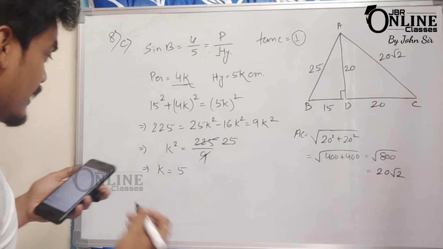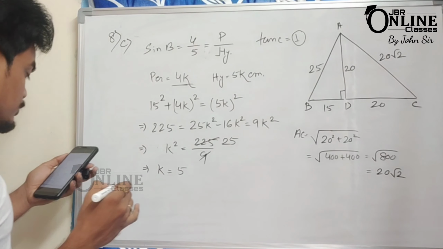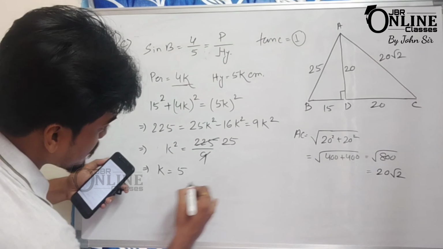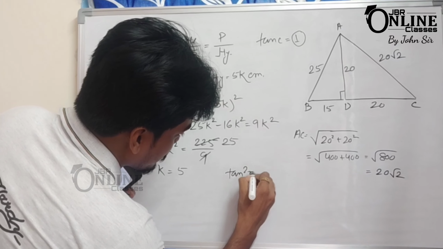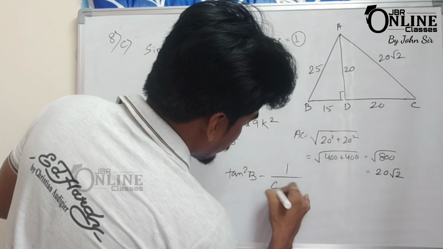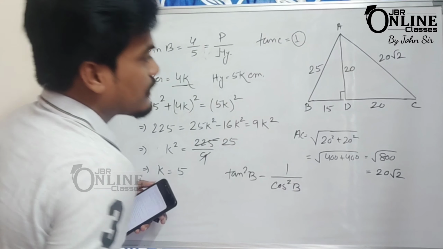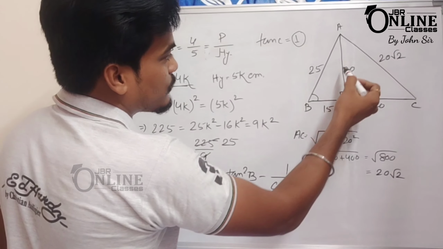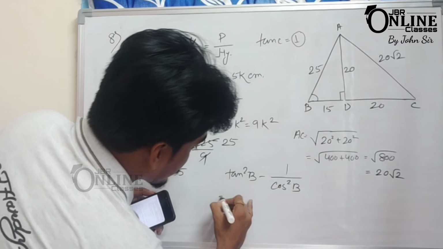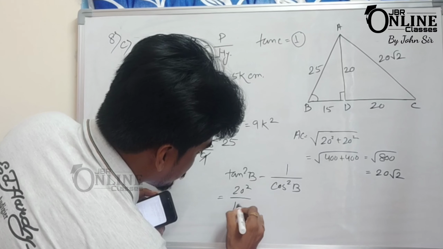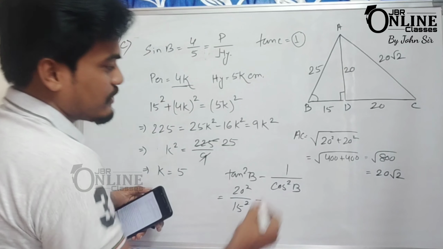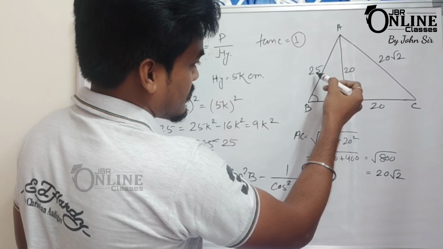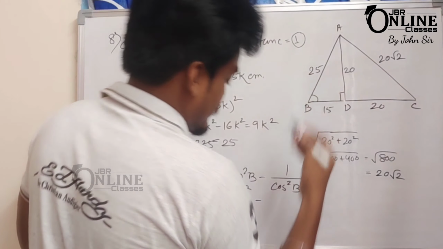Now next number 2. In number 2 you have to show that tan square B minus 1 by cos square B. Okay, so tan square B minus 1 by cos square B. Now with respect to this angle, here the value of tan equal to perpendicular by base, so that means 20 square by 15 square. Now next, 1 minus cos square B. Cos means base by hypotenuse, that means 15 by 25.